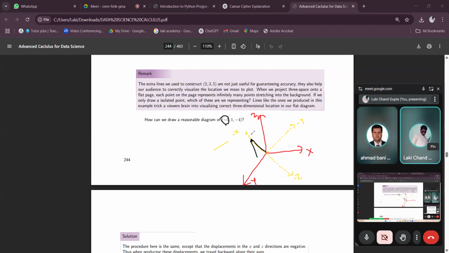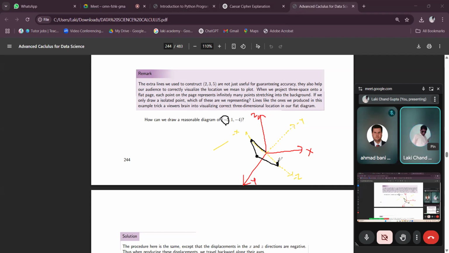First I go to 5, negative 5, which means the negative x-axis. Then the positive y-axis with 1 unit, and then the negative z-axis with 4 units. Actually this is in air, this is in space.